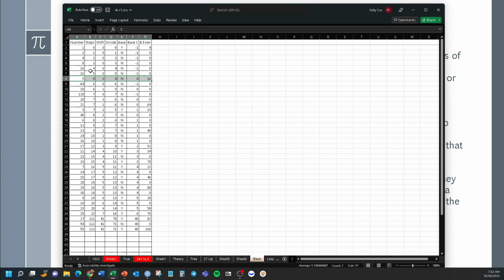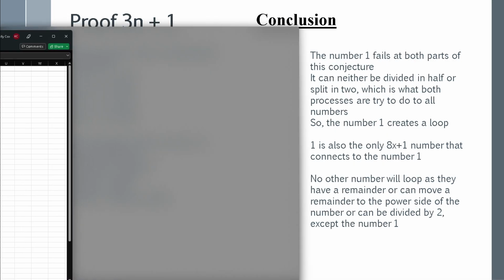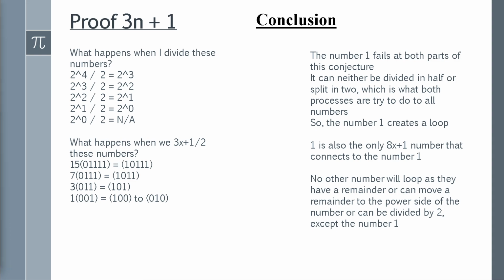So both of these go to 16. So you can see how these numbers all are tied together. So there's no two numbers.